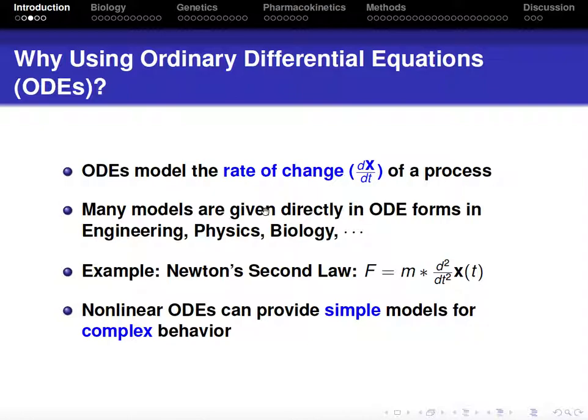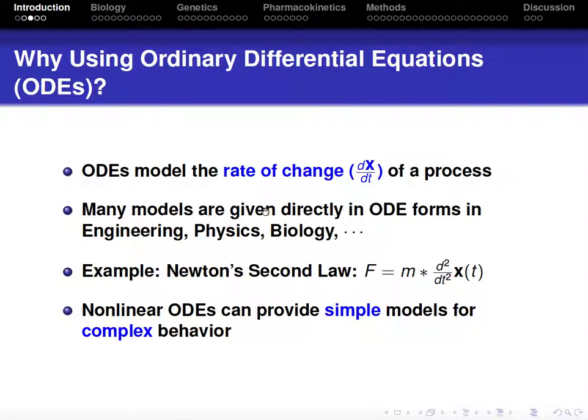Because ODEs are able to model the rate of change of the process, many fields use differential equations for their models. For example, in engineering, physics, biology, many fields are using differential equations to model their dynamic process.